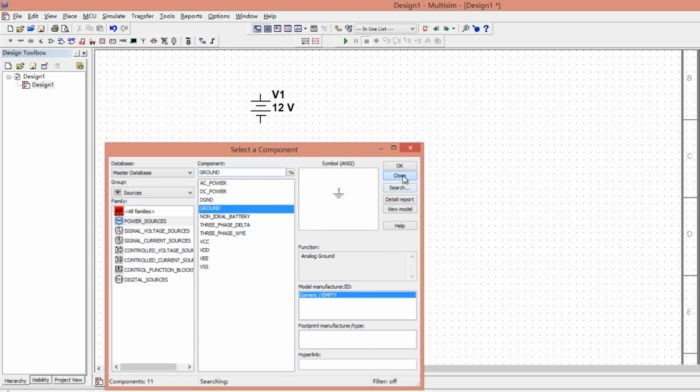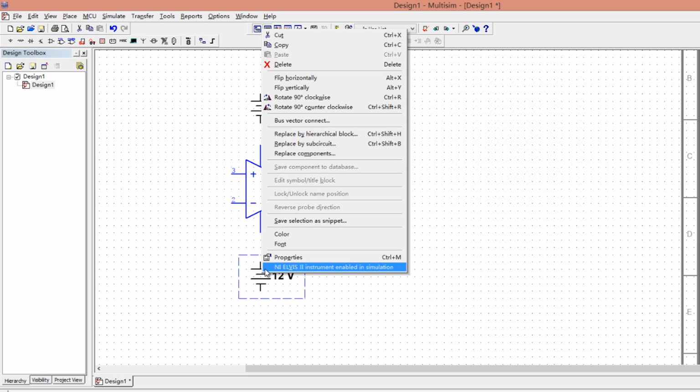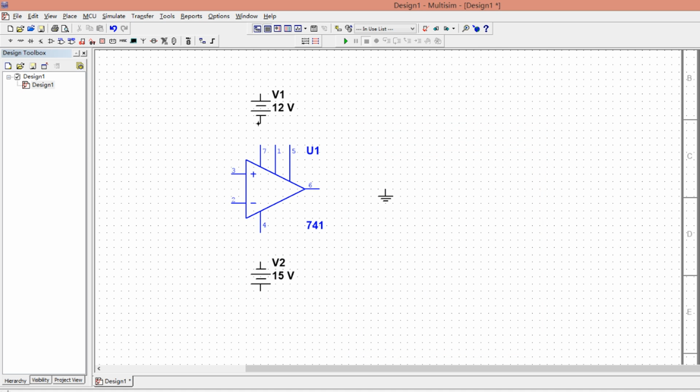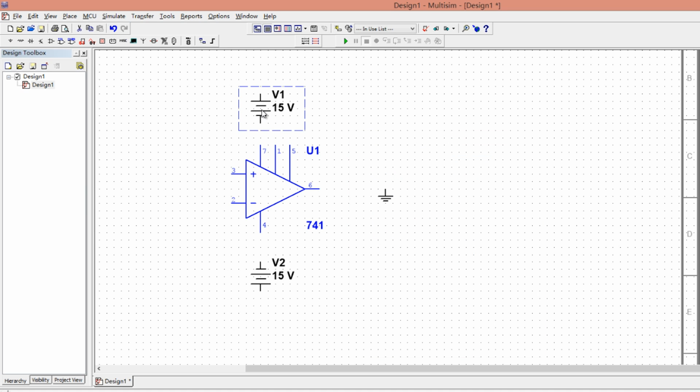Okay, we know the footprint pin 4 should be connected to the negative power supply. So flip it vertically and change the voltage to 15 volts. The footprint pin 7 should be connected to positive power supply 15. So flip it vertically too, then connect them. Okay, this is the correct connection for the op-amp power supplies.